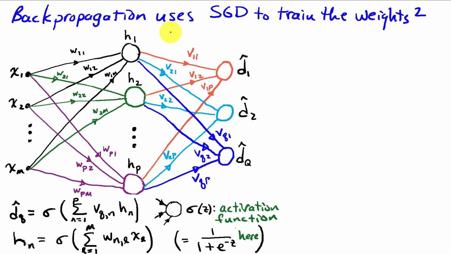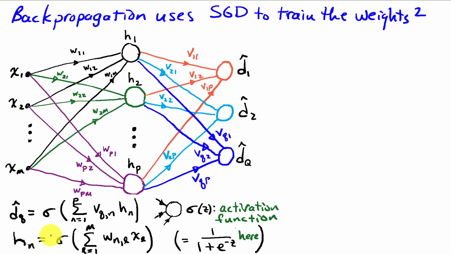So we have a network which has one hidden layer and an output layer and then the input layer. Now we've denoted the hidden and the output layers with these open circles, and those represent the actions of the activation function. H1, for example, is going to be the activation function applied to W11 times X1 plus W12 times X2 plus ... W1M times XM.